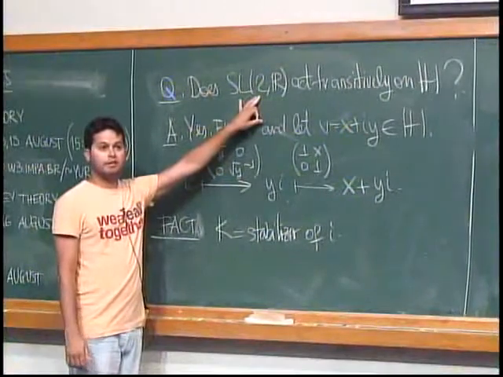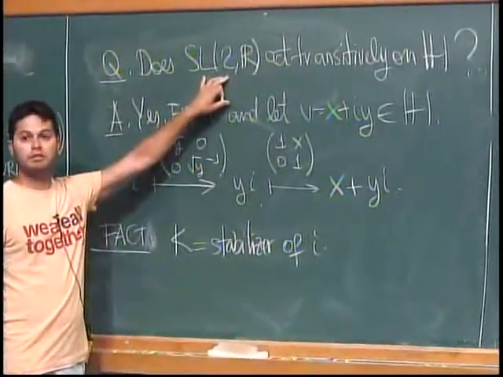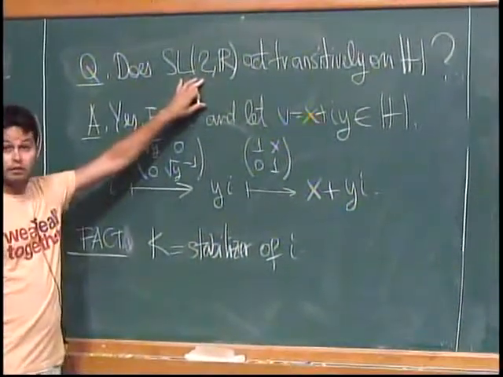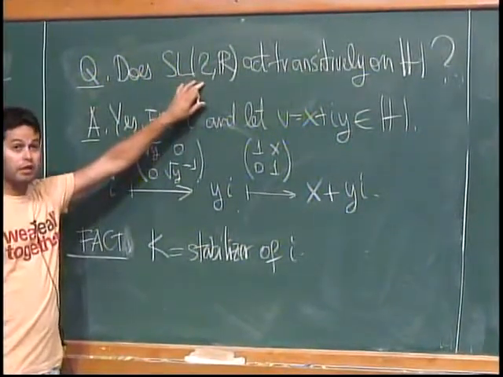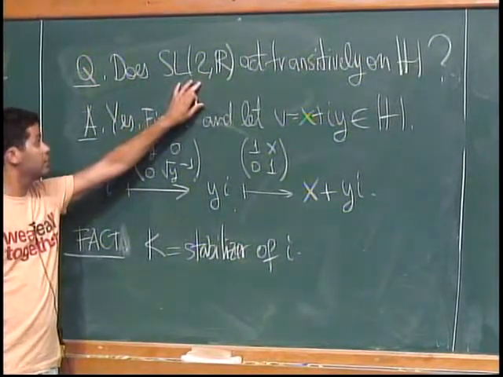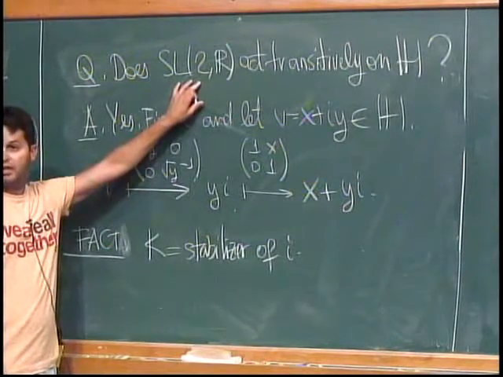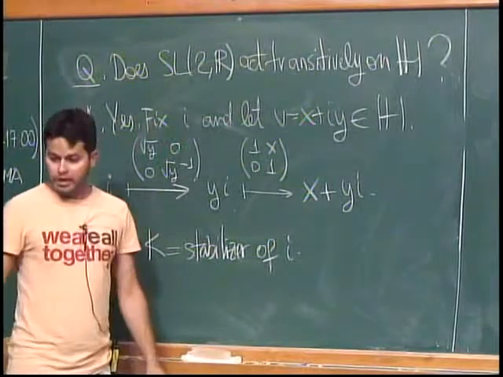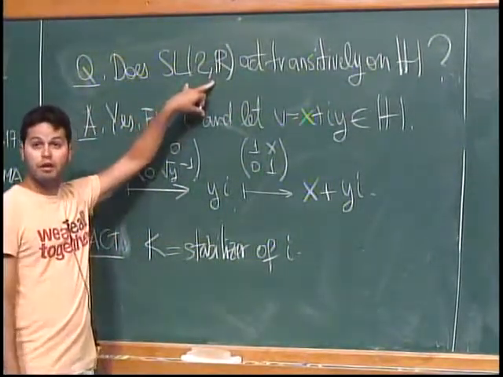So there is a chance that the action of this group on the unit tangent bundle is simply transitive. And why does this group act on the unit tangent bundle? Well, we know that every such element, when you look at the hyperbolic action, the Möbius transformations, is an isometry. So if it is an isometry, it preserves the length of vectors. So if you take a vector of the unit tangent bundle, the image of this vector under the derivative action of elements here should also have unit length.